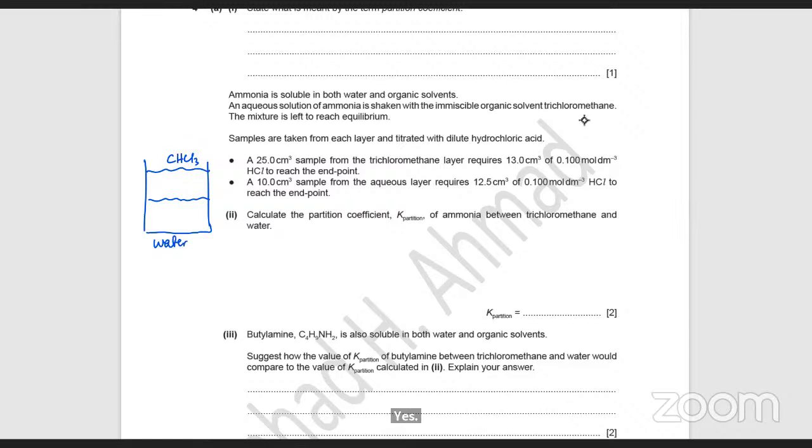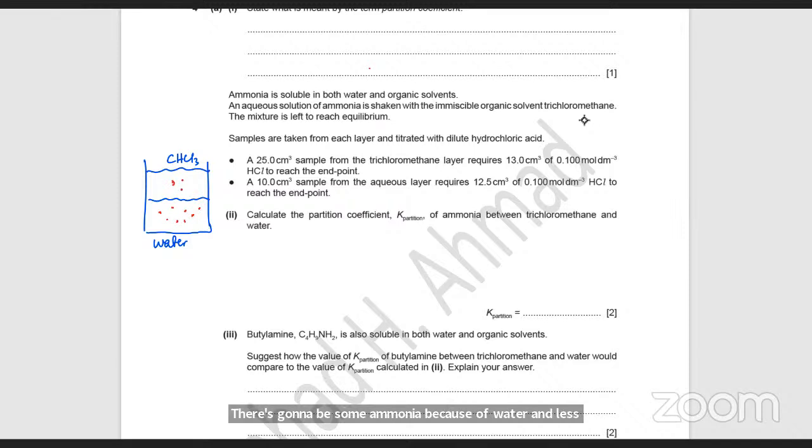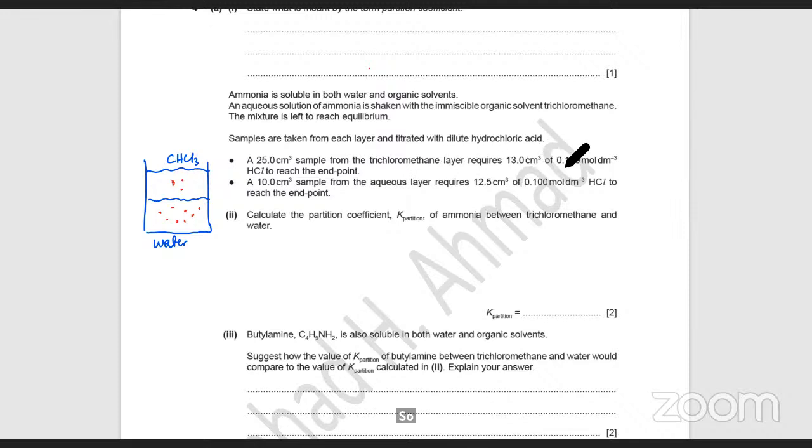Now ammonia is your solute, right? So there's going to be some ammonia, more in water, and less ammonia in the trichloromethane layer. So a 25 cm³ sample of trichloromethane layer requires, so what he's doing is he sets this up, and then he does titration.